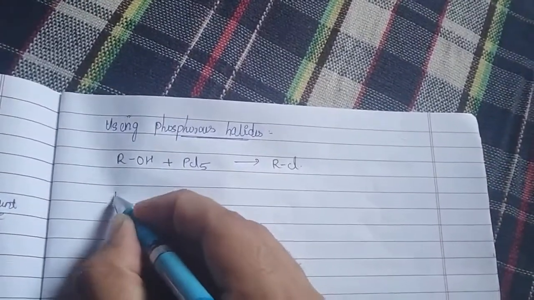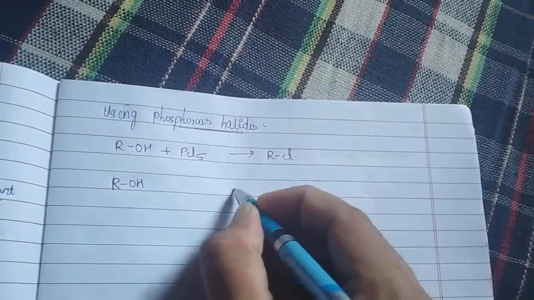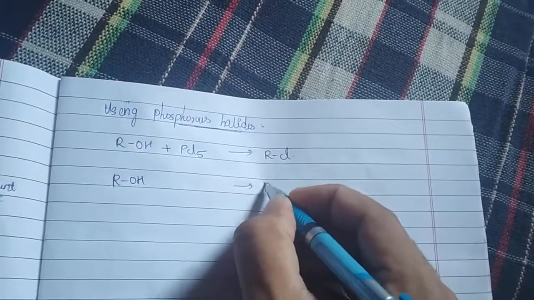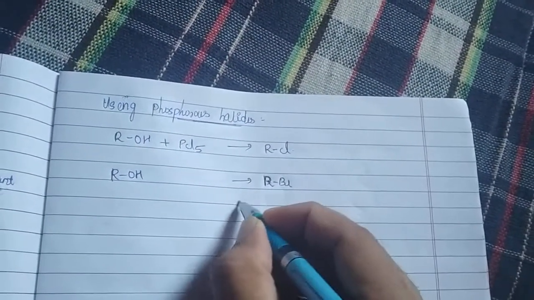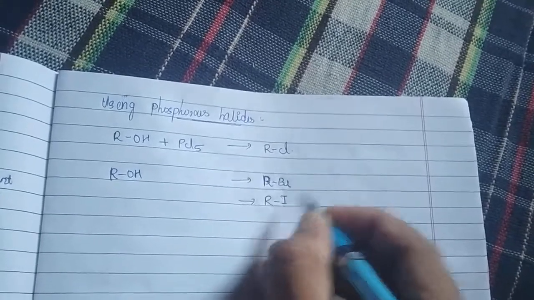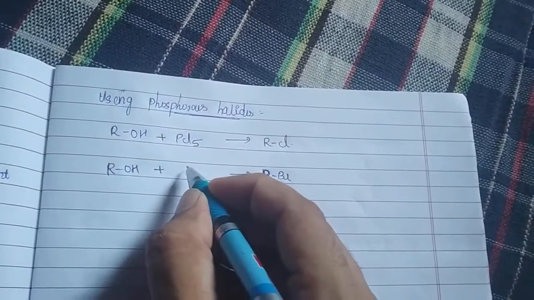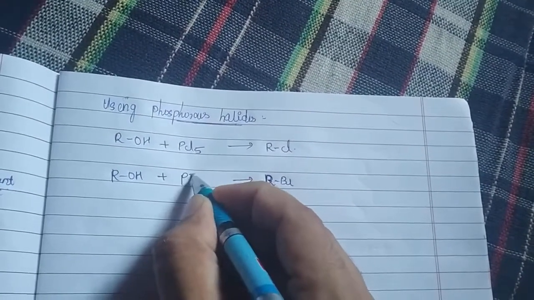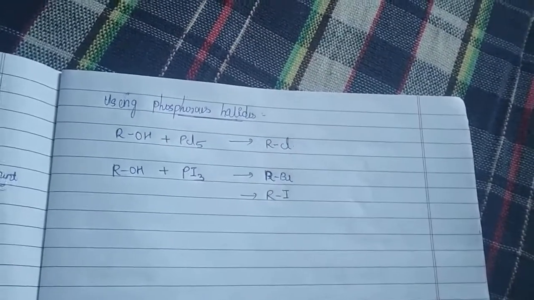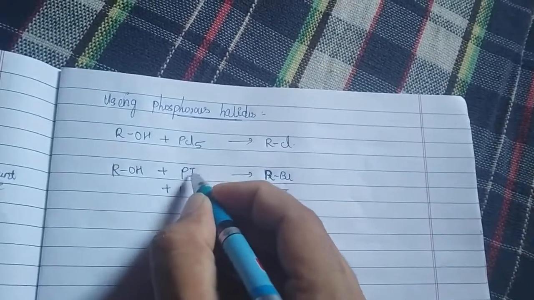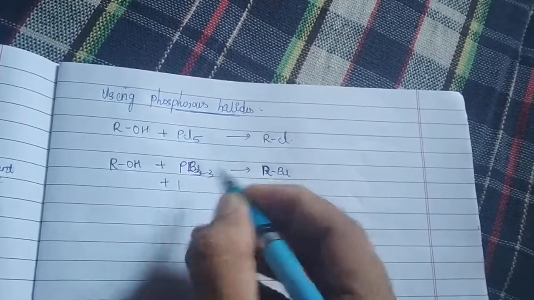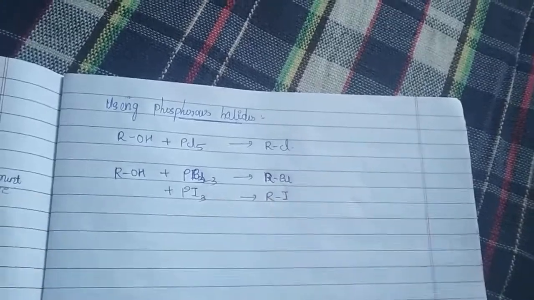But in case I want to prepare my alkyl bromide or my alkyl iodide, do remember, instead of using PI5 and PBr5, I would be using PBr3 and PI3.